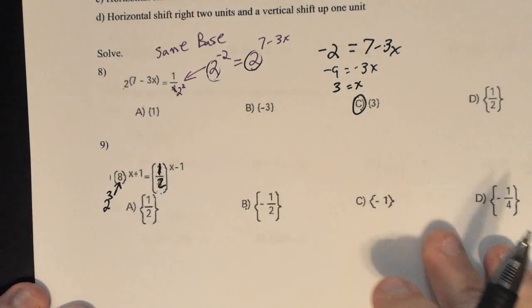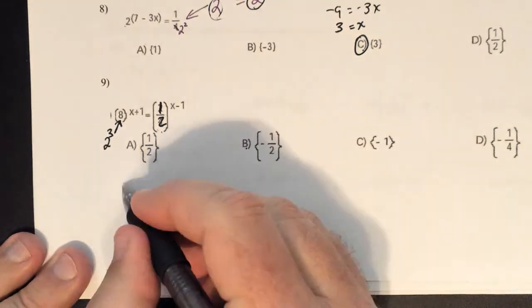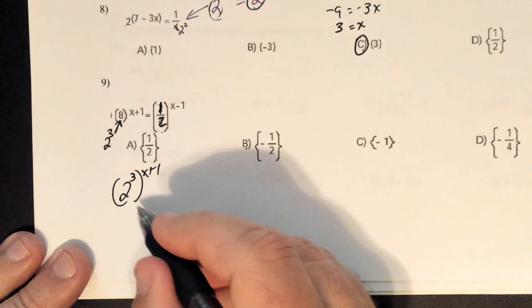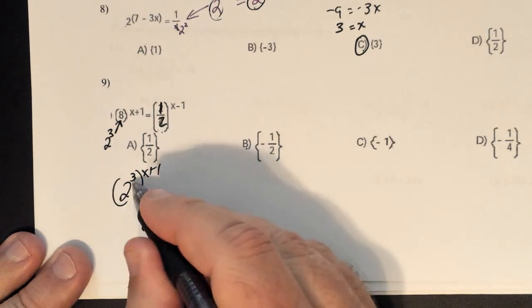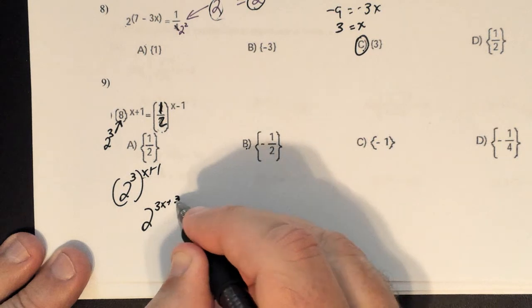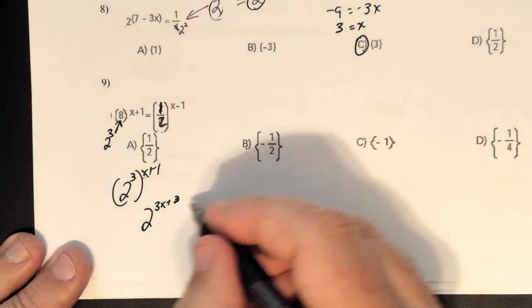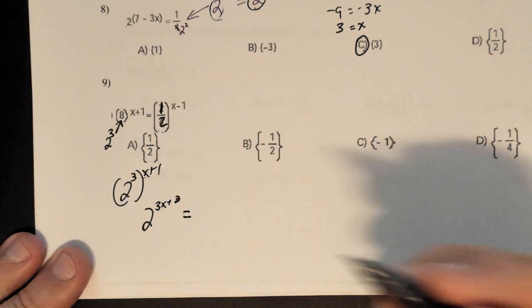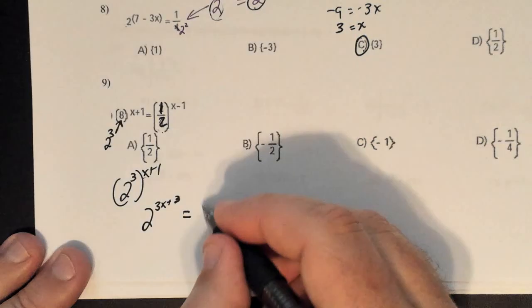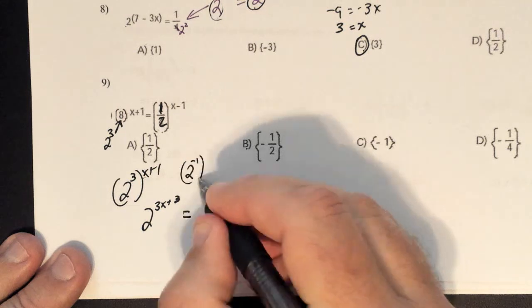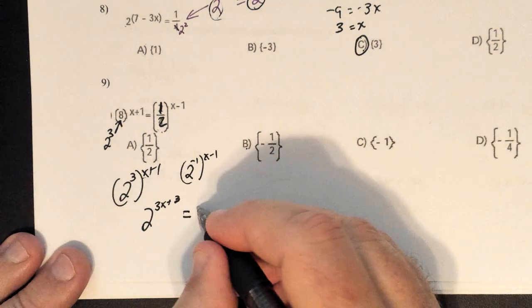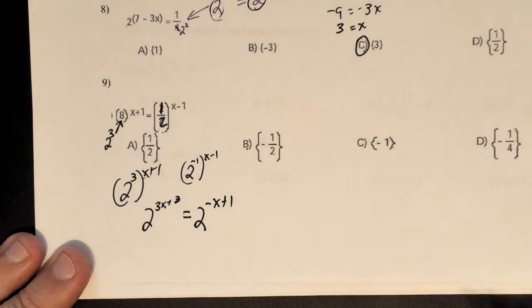So if I have, let's go down here, 2 cubed to the x plus 1, that would be the same as 2 to the, and then I distribute the 3, so it'll be 3x plus 3. There's a delay on my camera. Equal to, this is going to be 2 to the negative 1 to the x minus 1. So that's going to be 2 to the negative x plus 1.